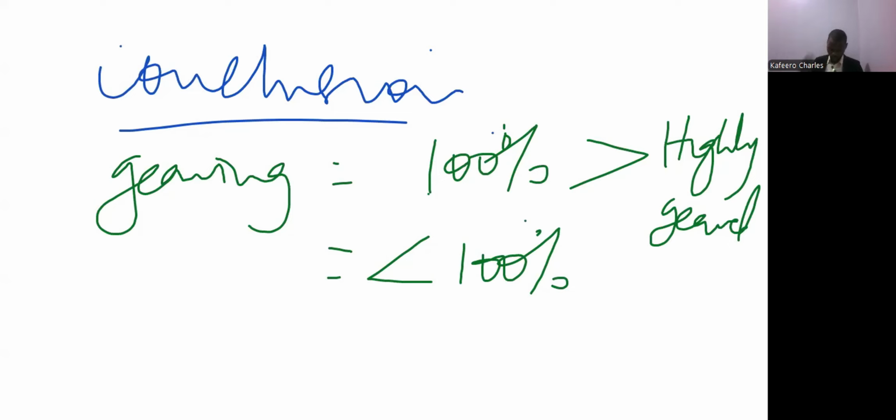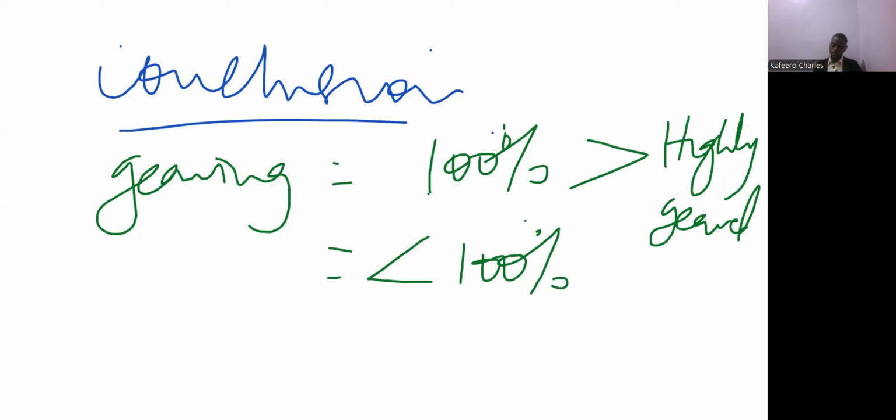So we are going to try to look at some calculations, but the examiner most of the time is going to be specific on which formula to use for computing the financial gearing. And we are going to look at how we can compute that based on all these formulas that we have.